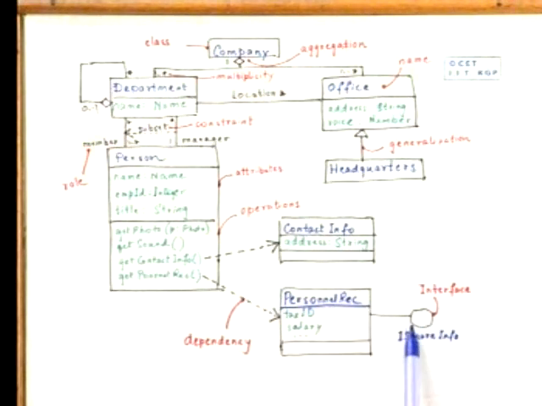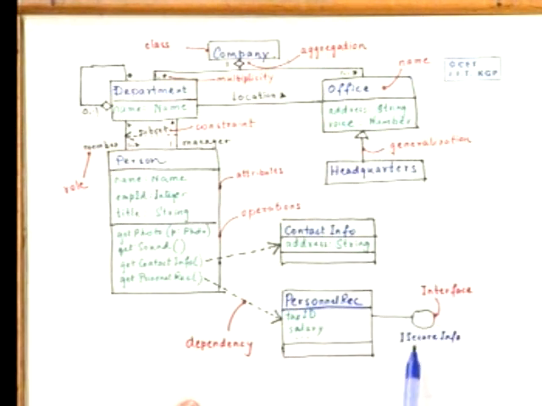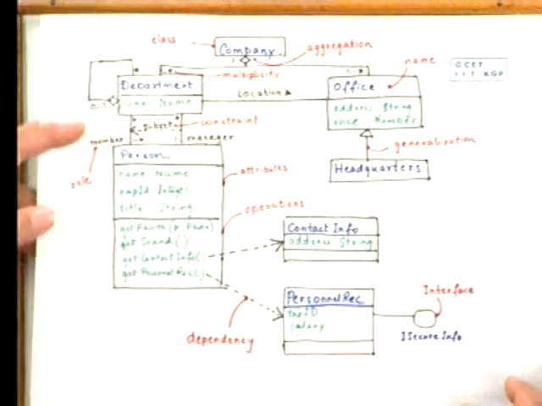And this thing here is an interface. This is an ISecureInfo. A class implements an interface. We will talk more about interfaces later, but this is the notation of an interface. The name of this interface is ISecureInfo, and this presents a view of the personnel record class. So this is an example of an object diagram, which is used to model the vocabulary of a particular system.